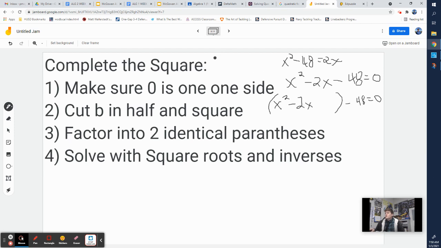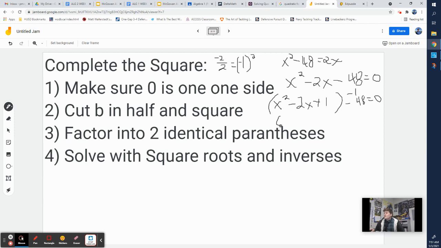Negative 2 divided by 2 equals negative 1. And then we want to square that negative 1. So what's negative 1 times negative 1? Positive 1. And then to keep everything balanced, we'll subtract 1 here.